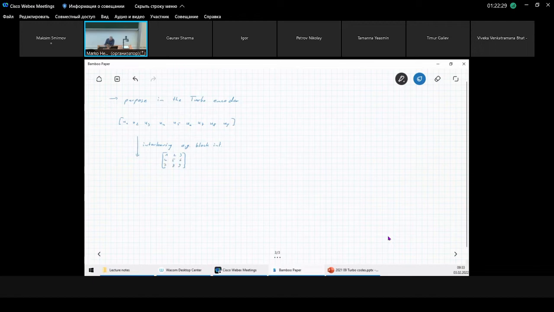If we read this out column-wise, we get U1, U4, U7, so the same as before, then U2, U5, U8, U3, U6, and U9. And those are the sequences now to be encoded.